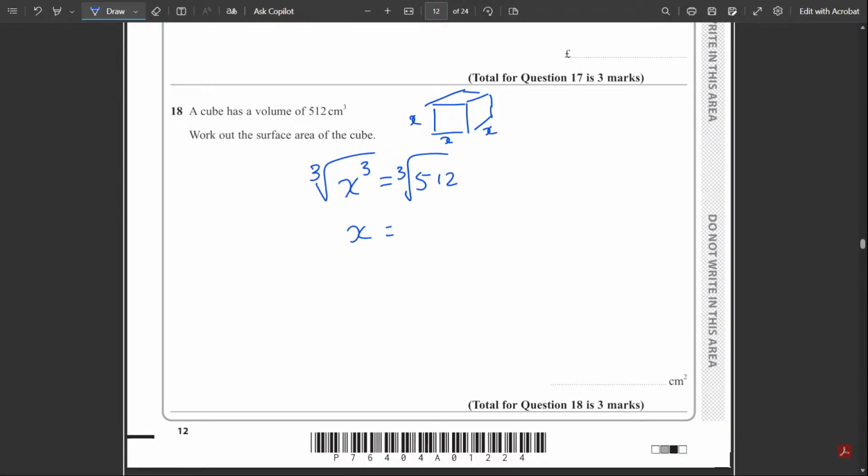Right, so as far as I know, 8 times 8 times 8 will give you 512.